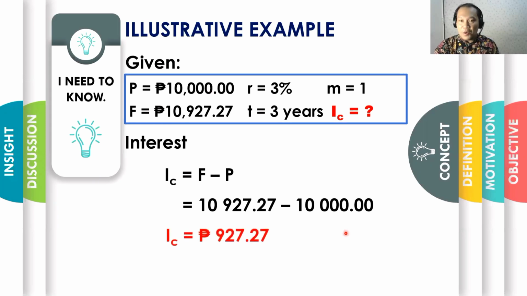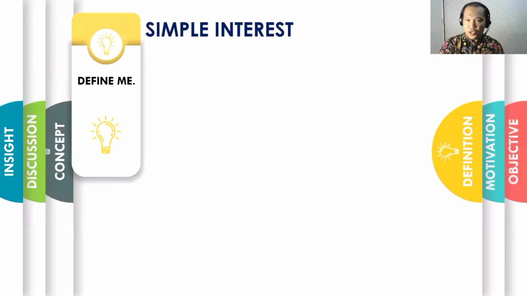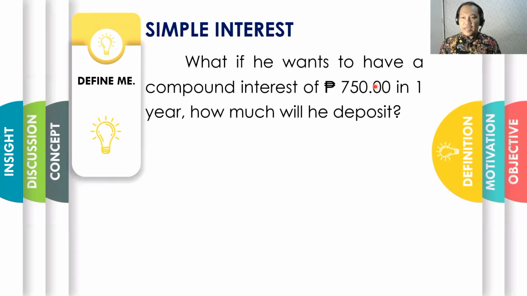Therefore, our compound interest is equivalent to 927 pesos and 27 centavos at the end of 3 years. As regards question number 3, what if he wants to have a compound interest of 750 pesos in 1 year? How much will he deposit?